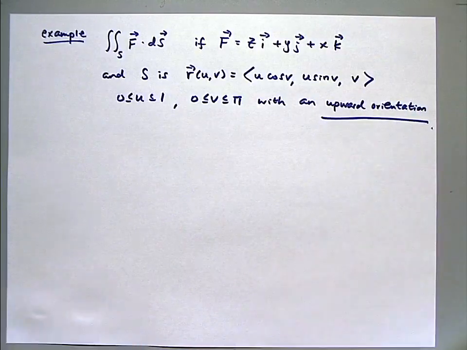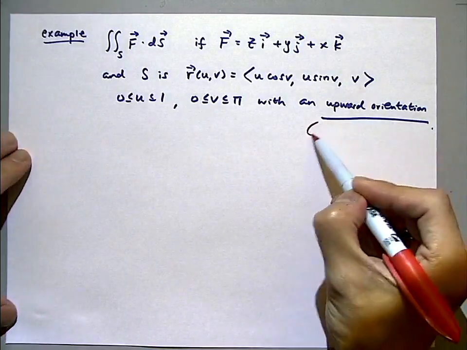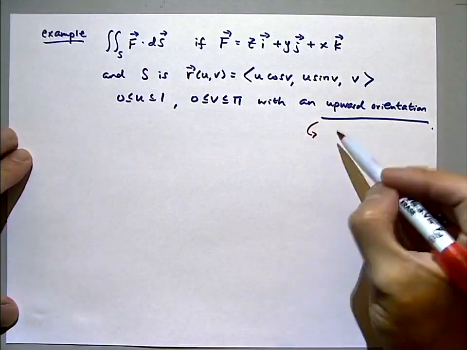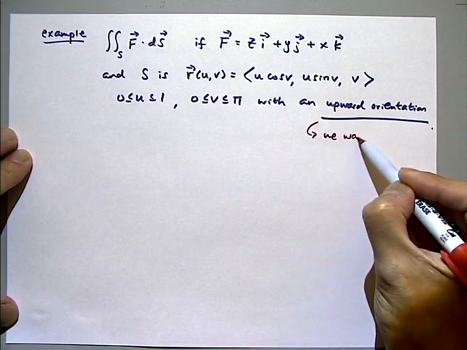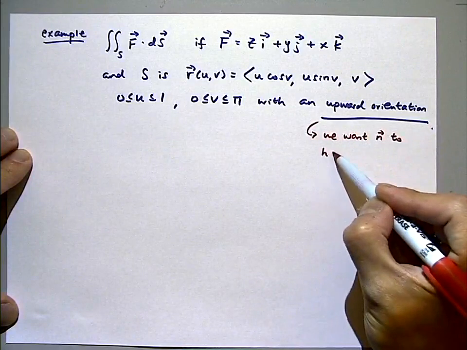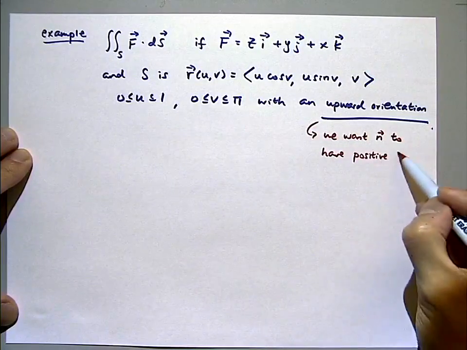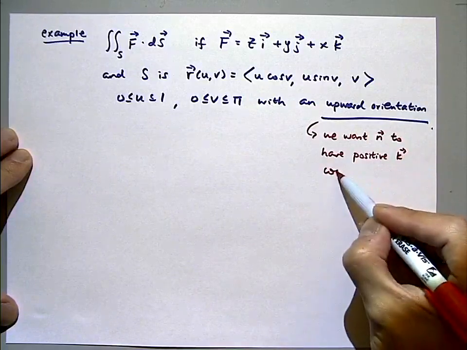And now we have to define how we orient our surface. In this problem, we're going to define our surface as being oriented upward, an upward orientation. Now what this means is that we want N to have positive K component.